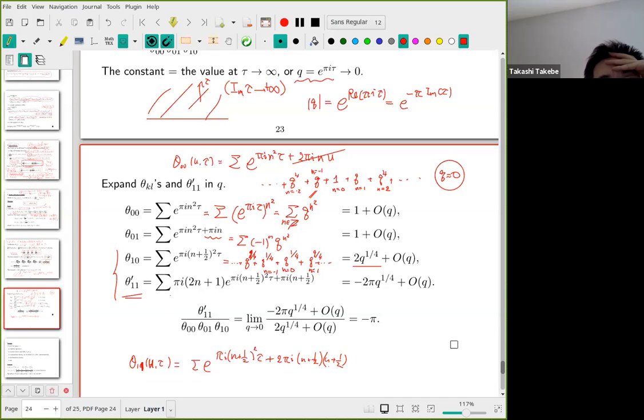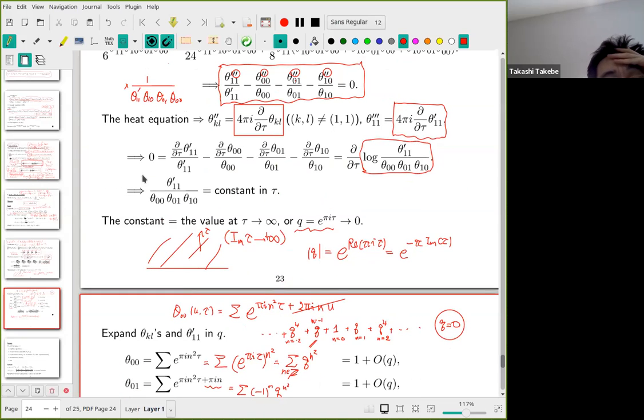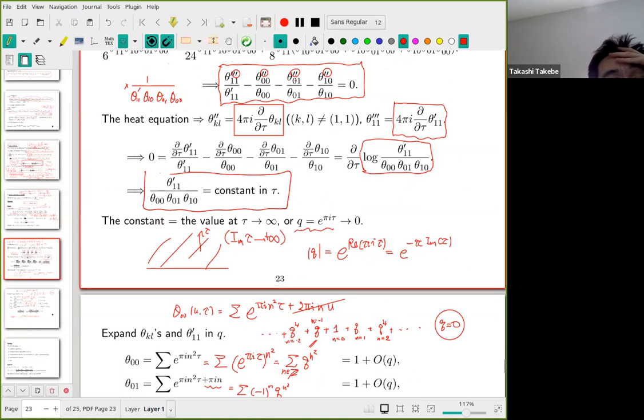So because of such coefficients, we get such a leading term. And we'll return to our program. We want to find this constant.